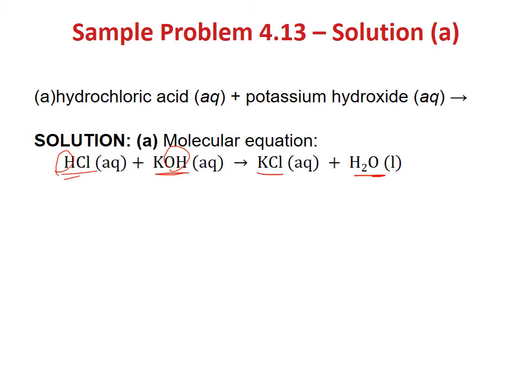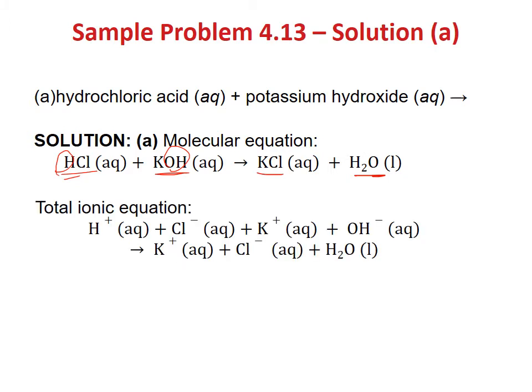So when we write the ionic reaction, we should write hydrogen ion, chloride ion, potassium ion, hydroxide ion. And potassium chloride is a strong electrolyte. This salt also dissociates completely. Remember, its cation is a group 1 metal, and therefore the salt is a strong electrolyte, so it dissociates into potassium ion and chloride ion.